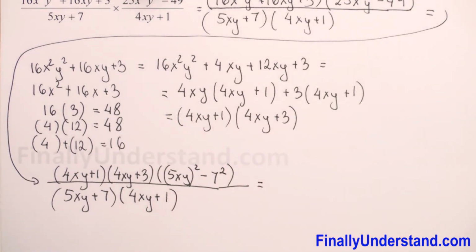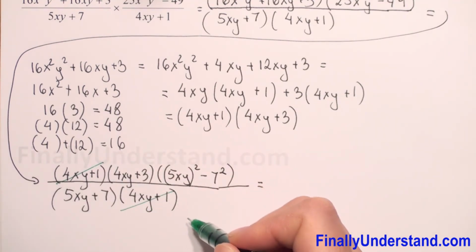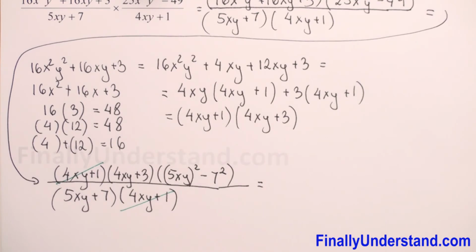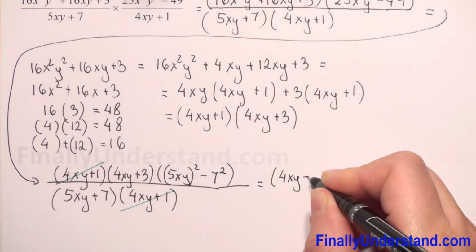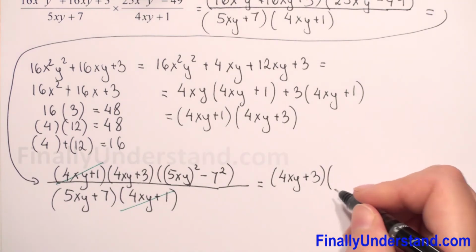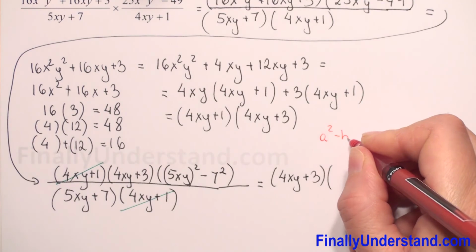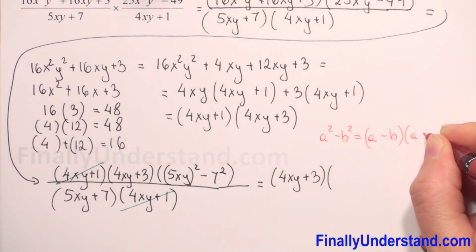At that moment we can reduce 4xy plus 1 with 4xy plus 1, and the rest we will have to copy. So we have 4xy plus 3, and again we will use the formula a squared minus b squared. This is a minus b times a plus b.